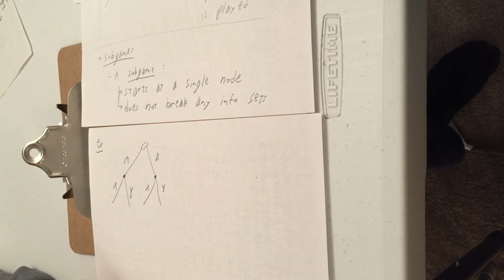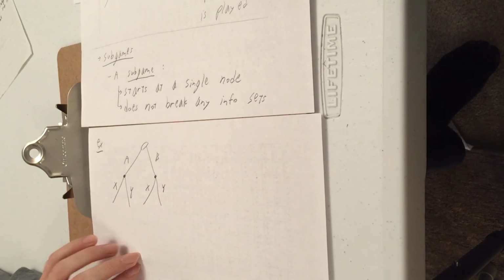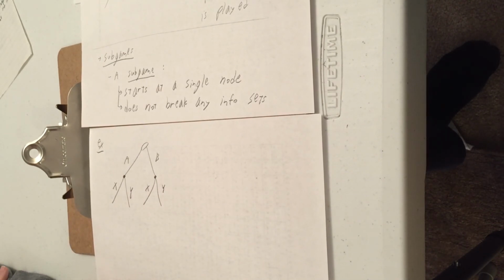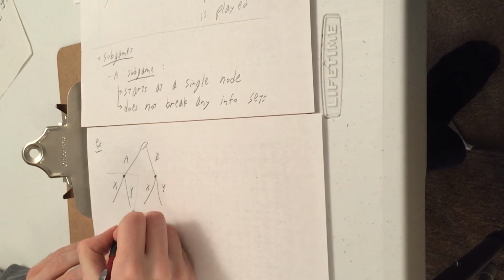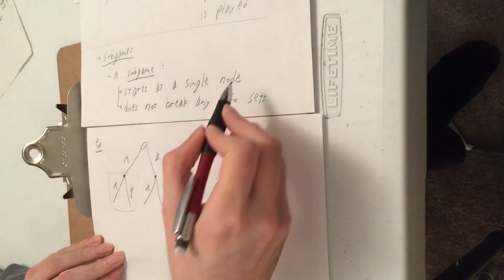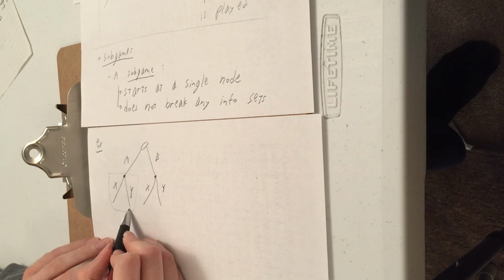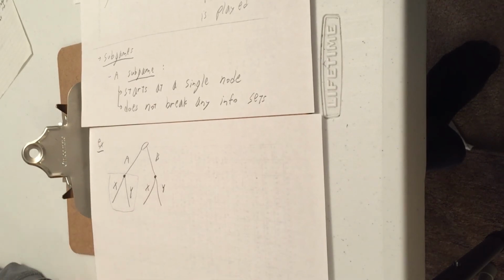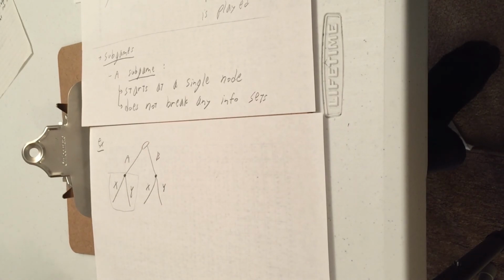So in this game, our player over here knew if A or B was selected. So here's one subgame. It starts at a single node, so you can check off that one. Also, there's no information set to break, so we're not violating rule number 2 here.